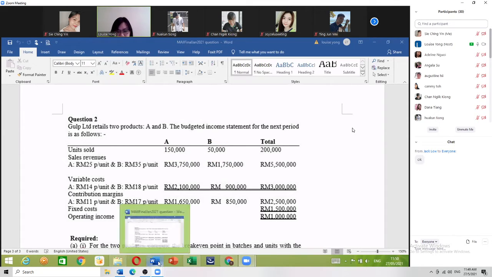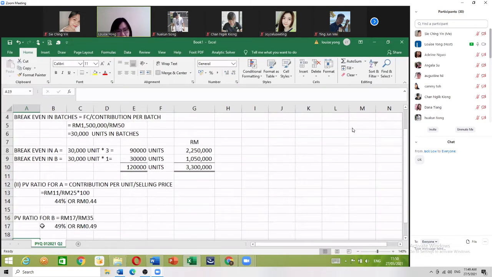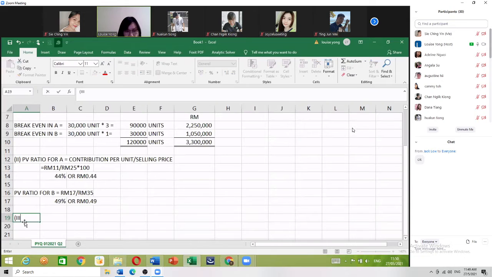Number 3, what is your margin of safety? For A, you use expected sales minus your break-even sales.